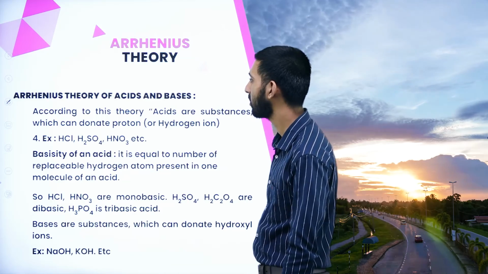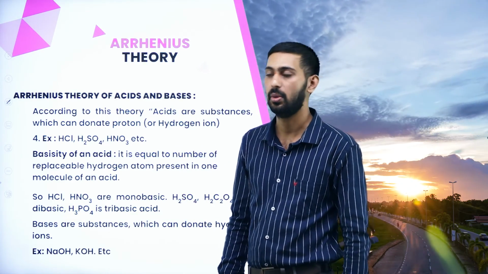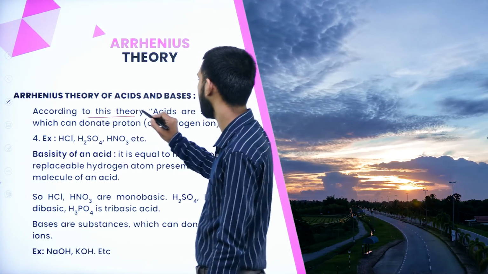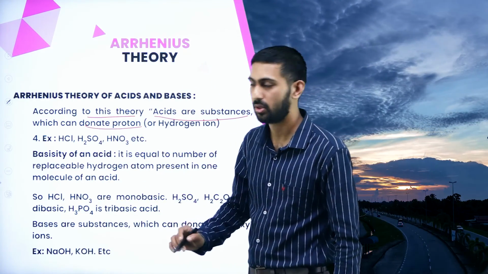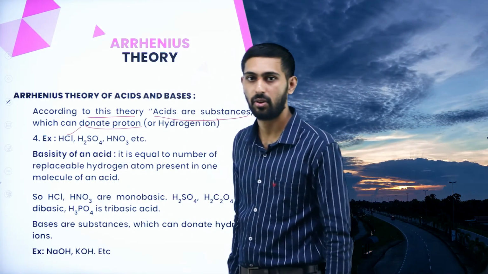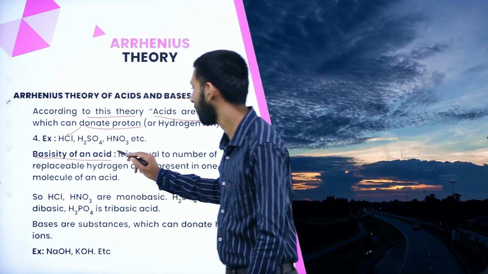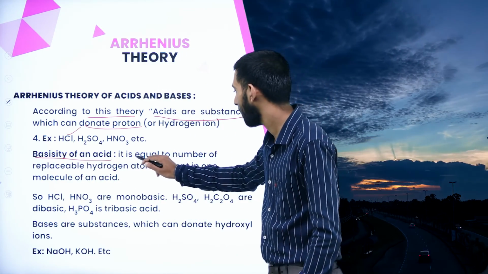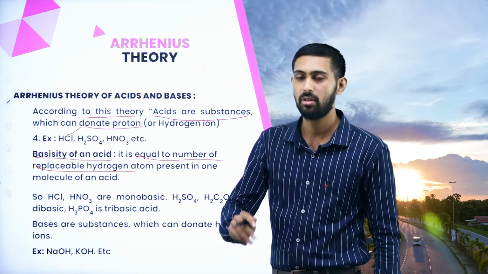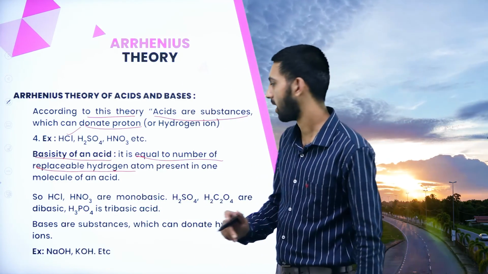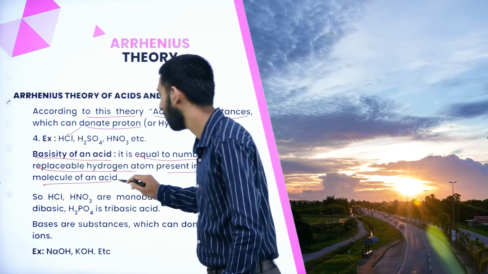Next thing is the Arrhenius theory of acids and bases. According to this theory, acids are substances which donate a proton. Example is hydrogen chloride. Next is basicity of acid. Basicity of an acid is equal to the number of replaceable hydrogen atoms present in one molecule of an acid.